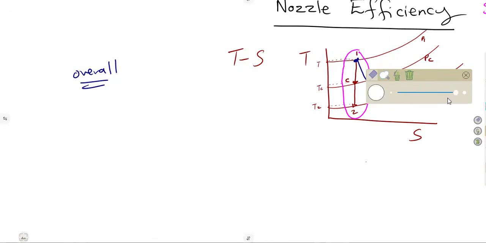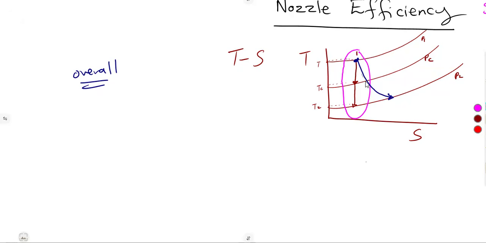It is no longer following 1C2 like this, it is following this way: 1, this will be our C, and this will be our 2. These become the corresponding values of the adiabatic, the ideal. So here we have C bar and here we have 2 bar. This is what is happening in terms of our diagram.